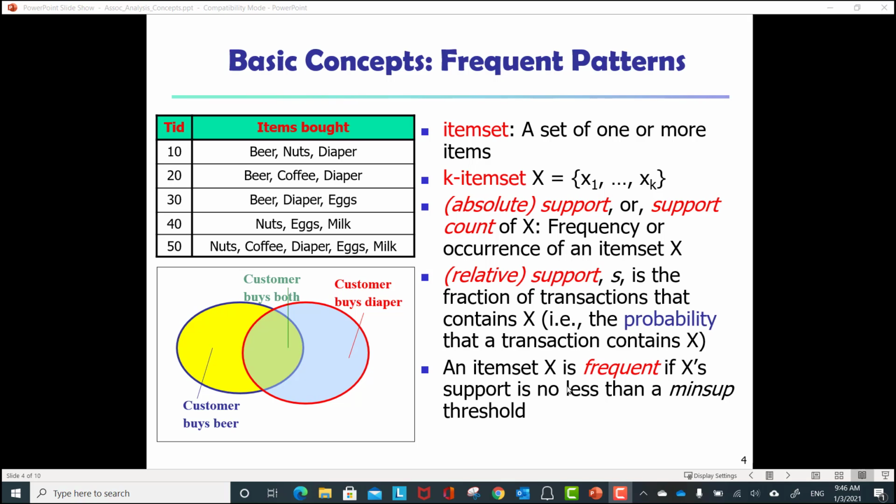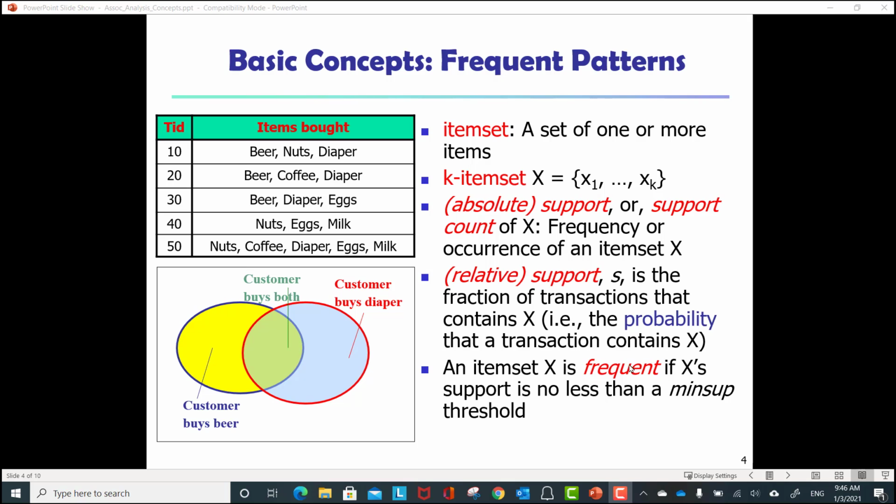In the case of beer, we have a support of 3. If your minimum support level is 2, then obviously beer is frequent. But if you set your minimum support level to 5, for example, then obviously beer is not. Does that make sense to you?